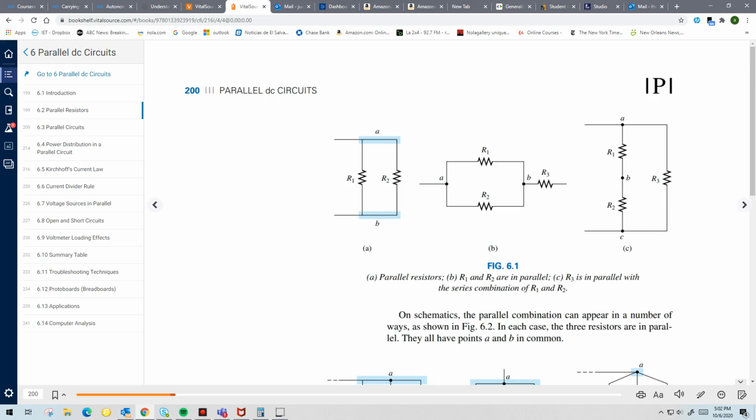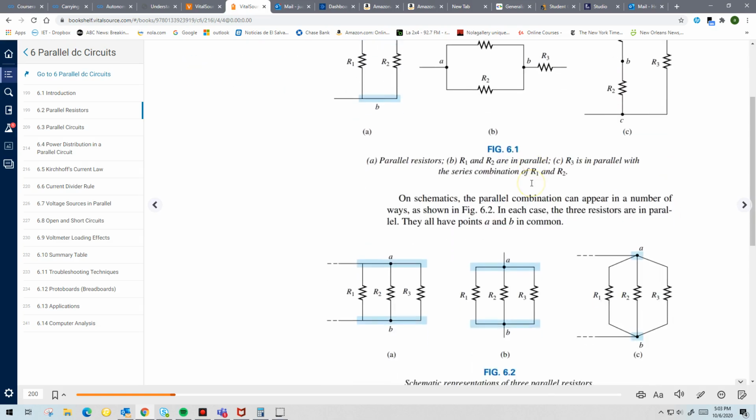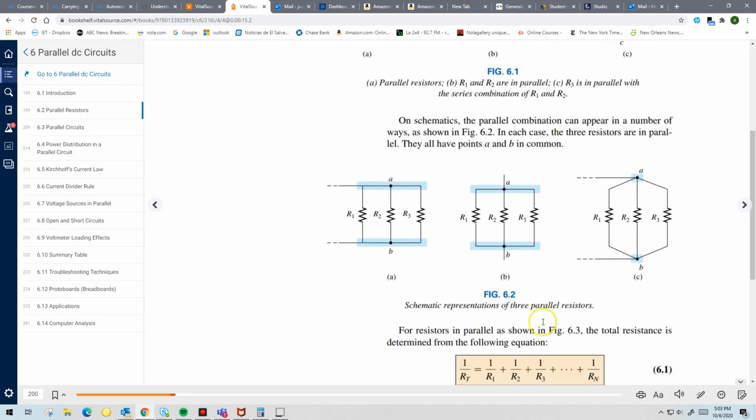However, we know that you can combine R1 and R2 into a single resistance, call it R4, and then that R4 would be in parallel with R3. You notice? Because once you make this into a single resistance, that single resistance will be sharing A with R3 and will be sharing C with R3. So that's how you can visually tell if resistors are connected in series or parallel.